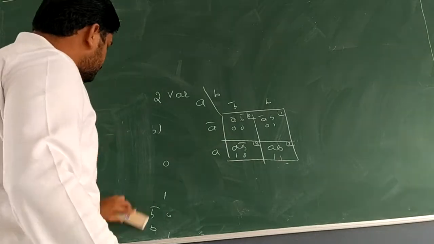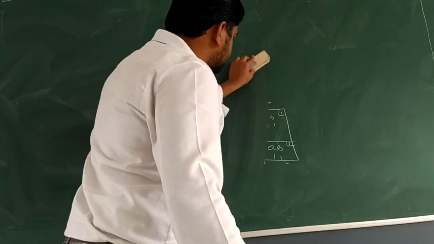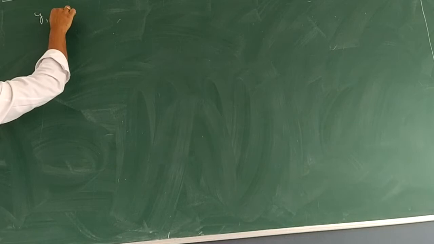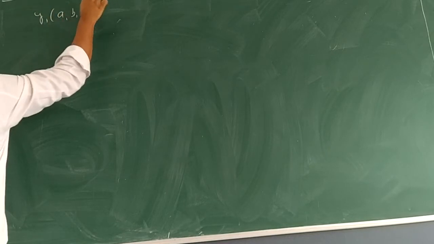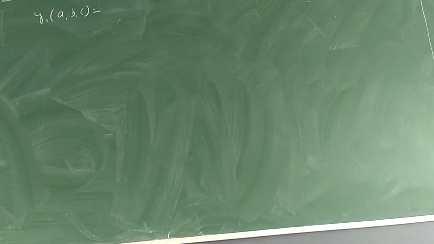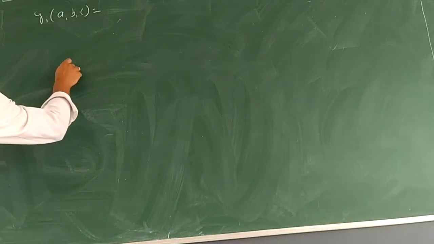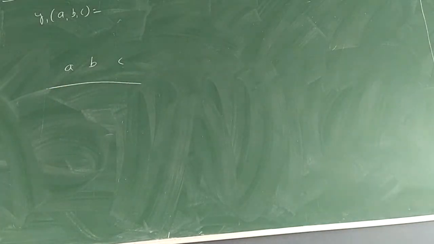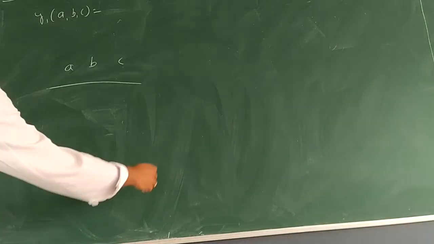So the extended K map for three variables. Y is a function of three variables A, B and C. I mentioned in the previous class how to assign LSB and MSB weights.